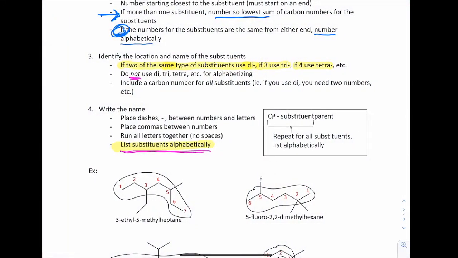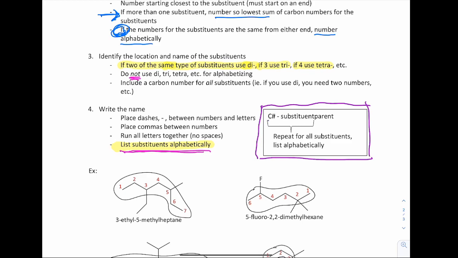How it's going to be is, it's this box that I forgot to show you, we're going to state the carbon number where the substituent is. So if I have a methyl group on carbon 2, I'm going to put a 2 there. And then I'm going to put the name of the substituent, so methyl. Between the 2 and the word methyl, I have to put a dash because I always put dashes between numbers and letters. And then I'm going to put the parent at the end.